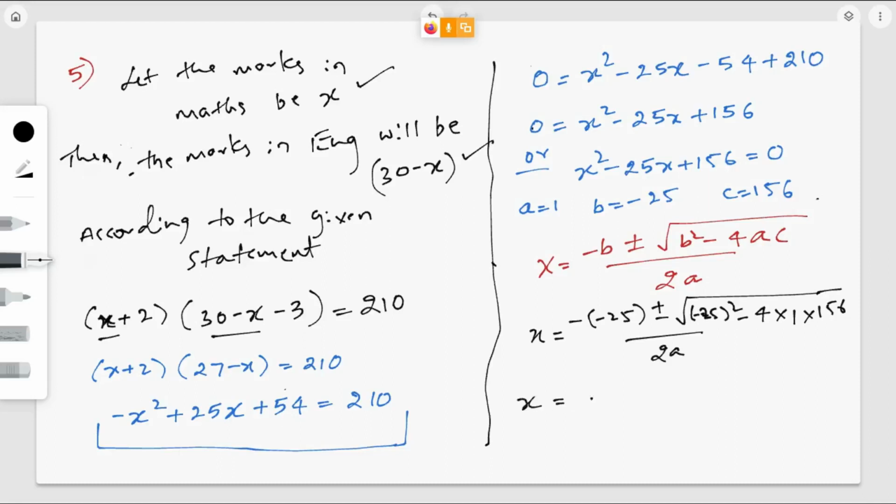So x is equal to 25 plus or minus root of 625 minus 156 into 4, which is 624, divided by 2 into 1, that is 2. It's 25 plus or minus root of 625 minus 624, root of 1, or you can just write it as 1, divided by 2.